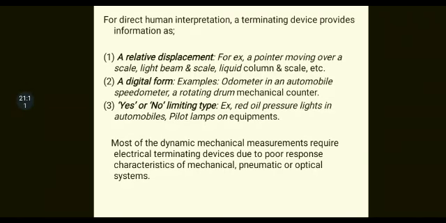See, presence of light is yes, absence of light is no. Like this we can understand the oil level has come down to zero or below the minimum level. There is a certain level we should maintain.